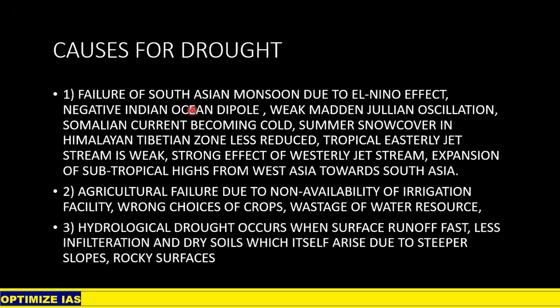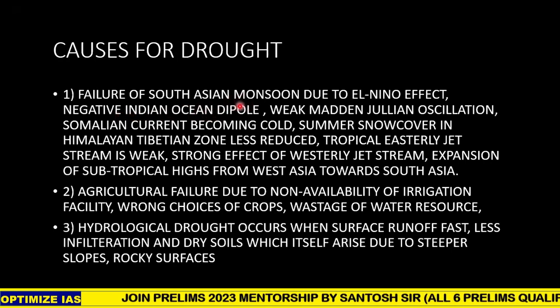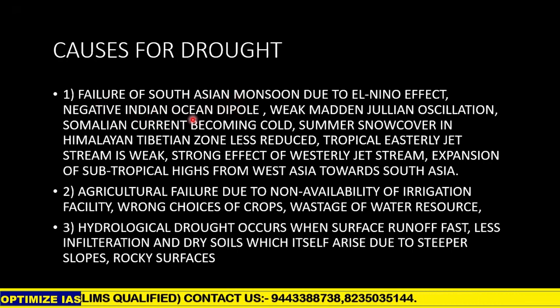So the western part of India, or the Arabian Sea branch of the southwest monsoon, becomes very, very weak during negative IOD. So in Maharashtra, Karnataka, Gujarat, and central India, drought occurs. The reason is the negative IOD mechanism.